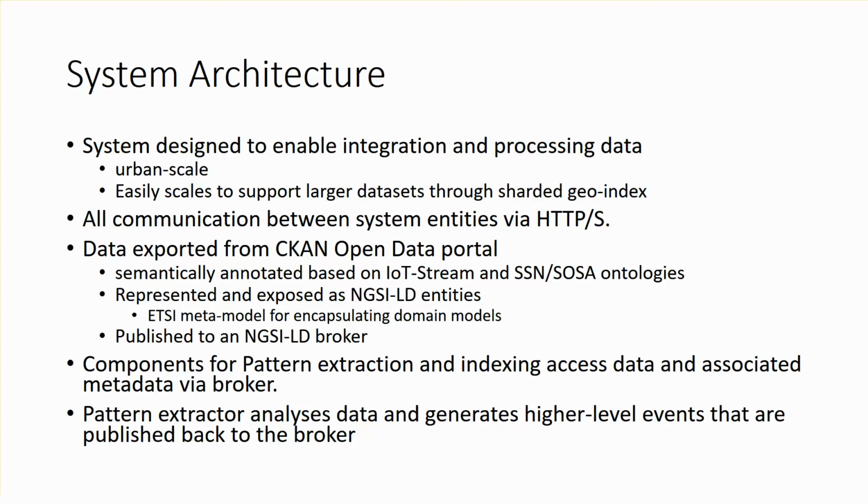Data is exported from an open data portal, which employs CKAN as its metadata repository. The exporter semantically annotates based on ontologies that focus on IoT, namely IoT-Stream and SSN and SOSA.